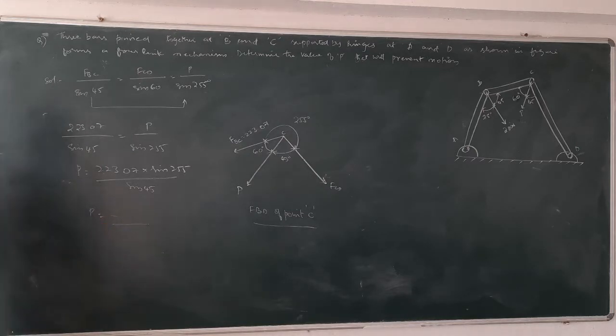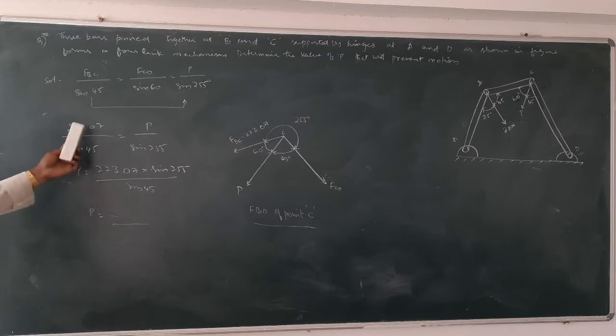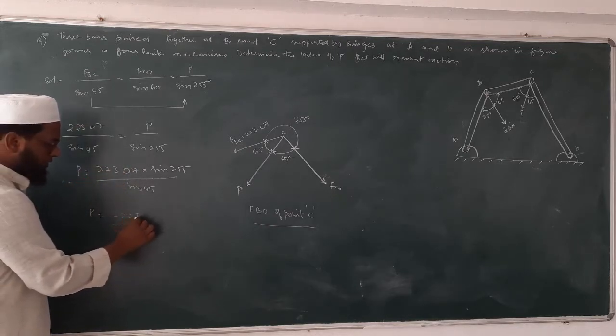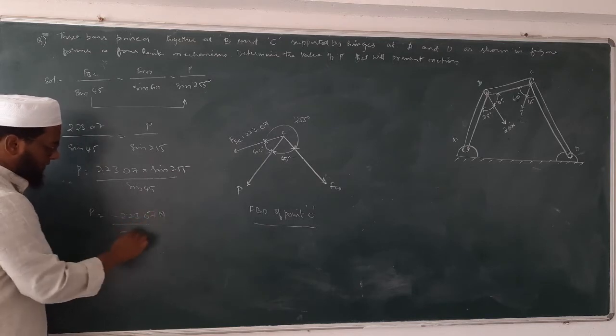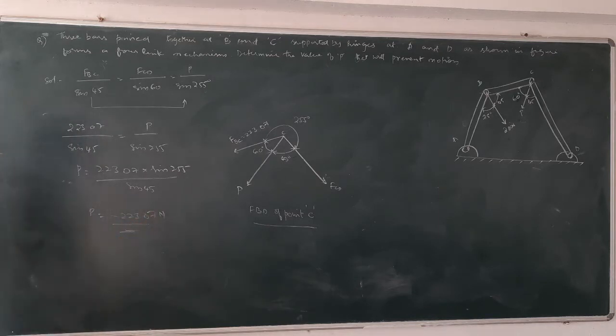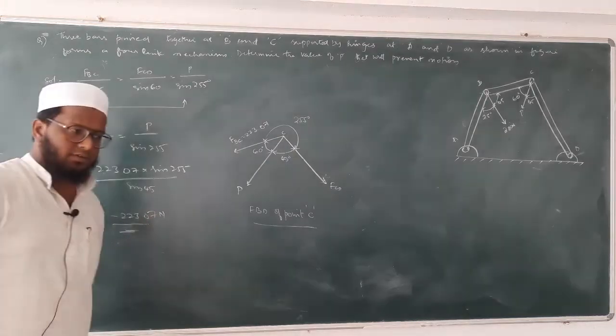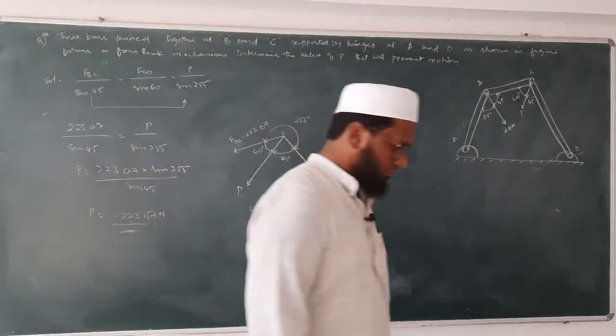Minus 223 point, same value. Check it once. Sine 45. Okay. So what is that? Minus. No problem. So the value is how much? 223.07. Okay. Copy down.